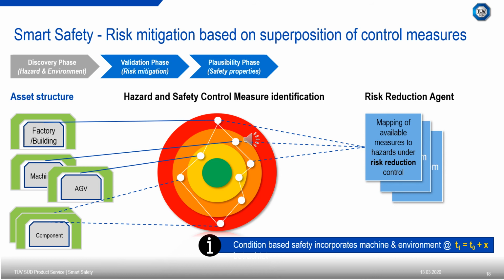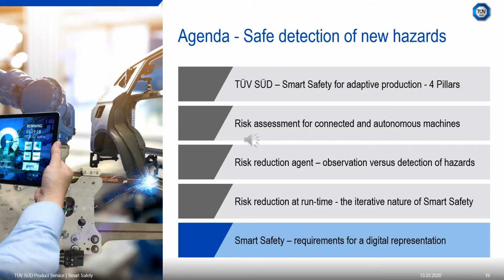So I can use neighbor sensors, I can use neighbor safety measures of machines, I can use safety measures of the building. And all this can be managed only by a risk reduction agent, because the machine itself never knows what kind of probability is available in the factory line using the capability of the neighbors. At the end, I like to summarize all the requirements to a digital representation and conclude my talk.